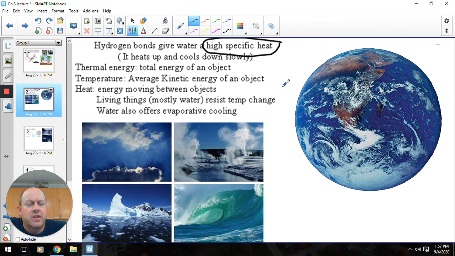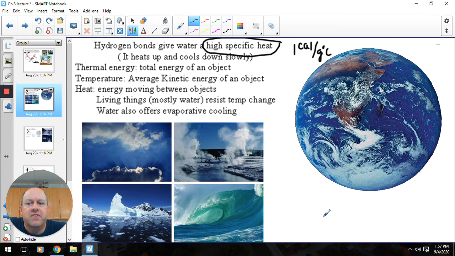Whereas water, it takes a while to heat it up and it takes a while to cool it down. The specific heat of water is 1 calorie per gram degree Celsius. And that is useful because then living things that are mostly made of water, 70% or more, will not have these crazy temperature fluctuations. They'll be able to maintain their temperature a little bit better than if water had a low specific heat.